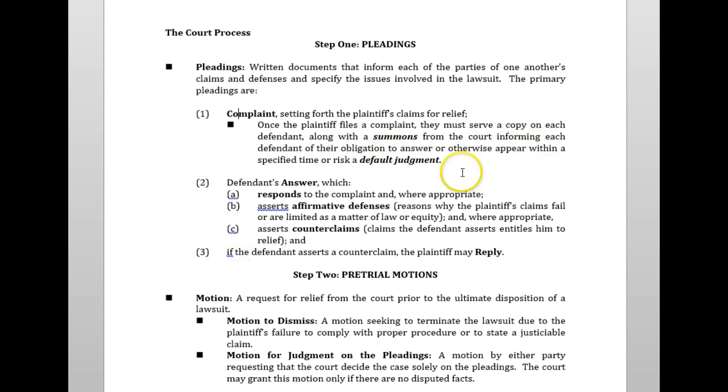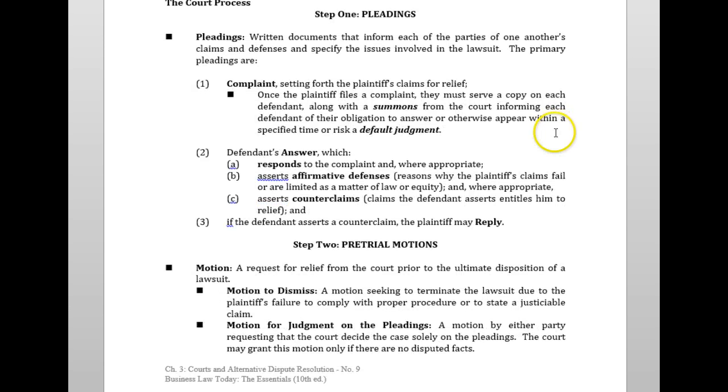Once that's been filed, there'll be a summons from the court to the defendant, and they will have to answer. They have an obligation to answer it. If they don't show up or they don't respond, then there'll be a default judgment, which usually goes for the plaintiff. So it's very important, if you receive court papers, to respond and find out what's going on, and to be sure to show up.